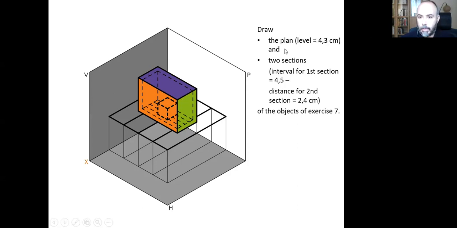So since we finished this, we can start our first section, and we are going to use a vertical plane to cut the objects one more time. And the interval for this plane is 4.5 centimeters.